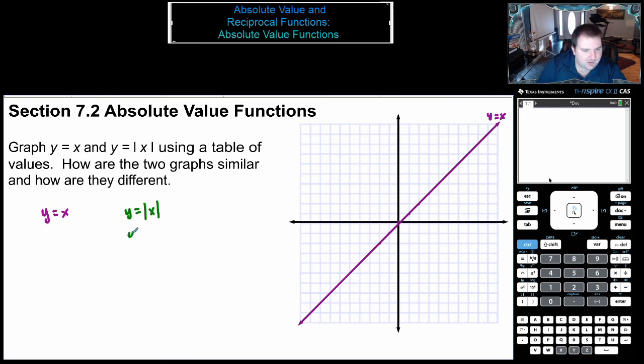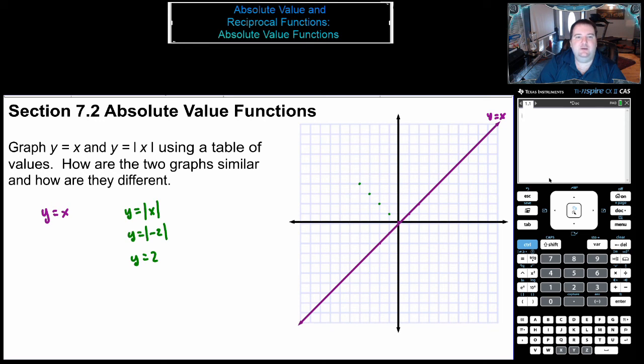But now when I plug in x is -2 over here, we can see that y will actually be 2. All these negative values become positive instead. So instead of -2, it's +2. Instead of -1, it's +1. Hopefully you can see that it actually creates a mirror, mirrored on the x-axis.